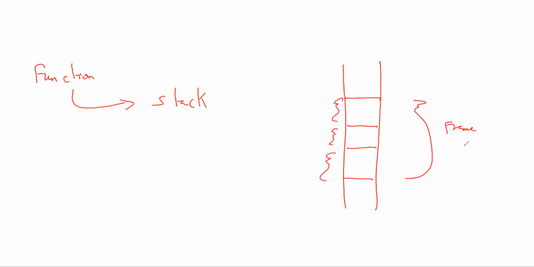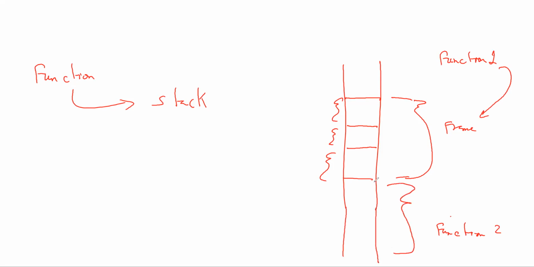So every frame, or I should say any function, whenever you call a function, function 1, let's say, it allocates a frame in the stack for it. Let's say you have another function, function 2, and so function 2 would allocate another frame in the stack with roughly the same division.